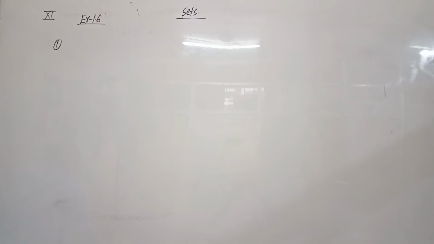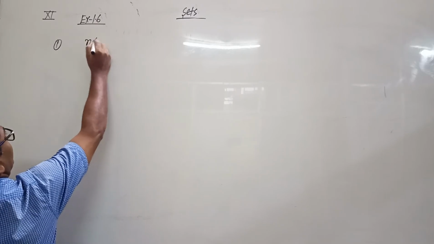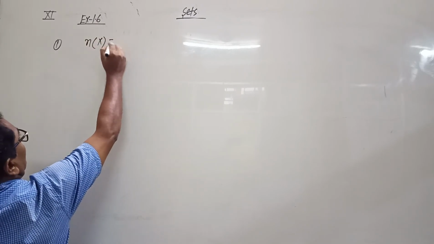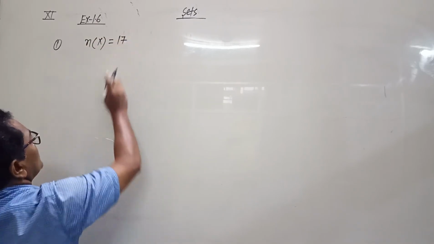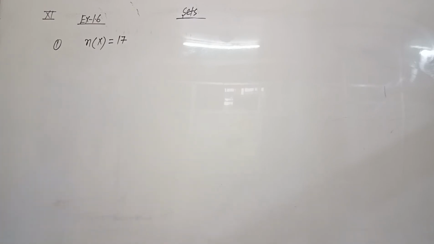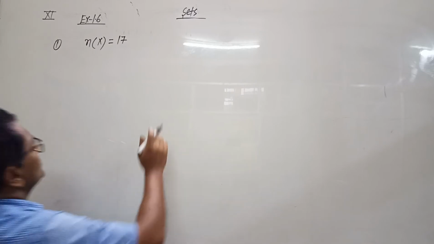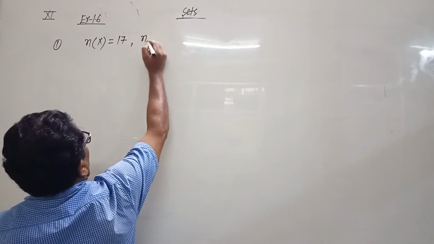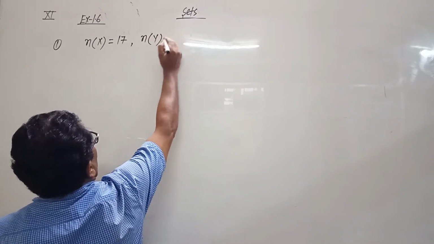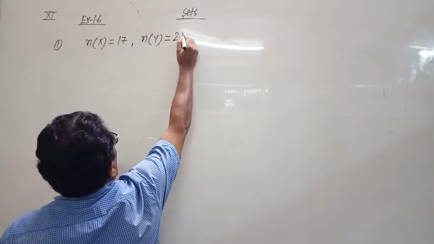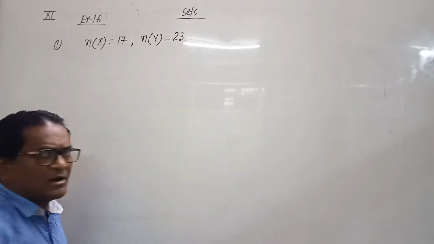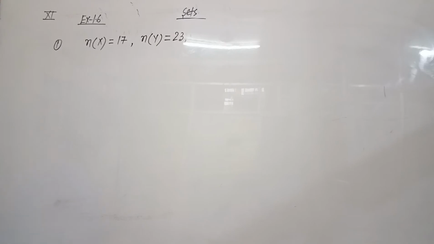We are given X and Y are two sets such that N of X equals 70. Number of elements of set X is 70. Number of elements of set Y, N of Y, equals 23.